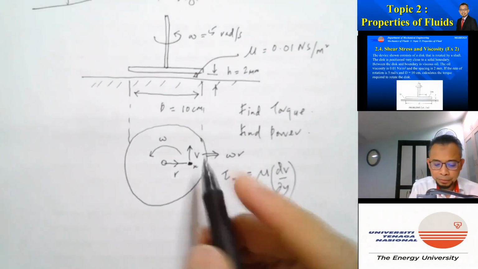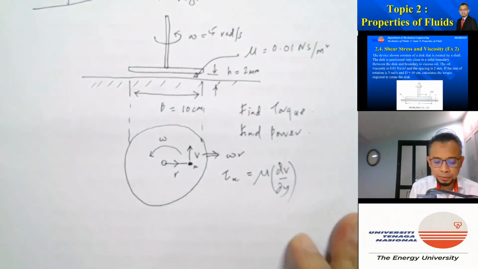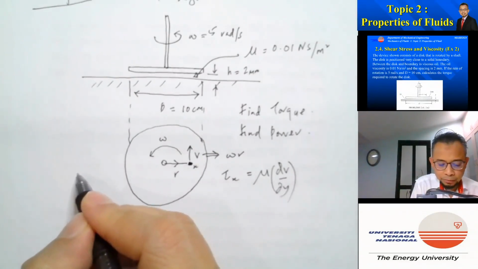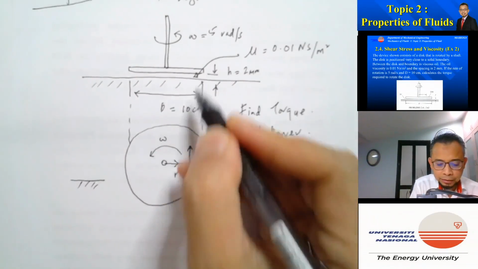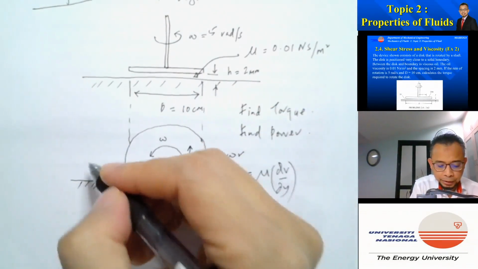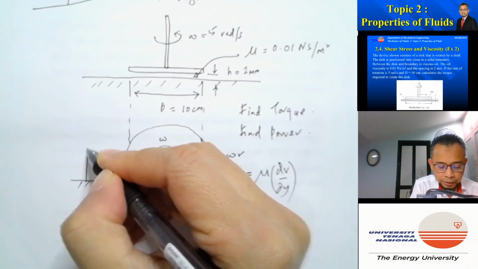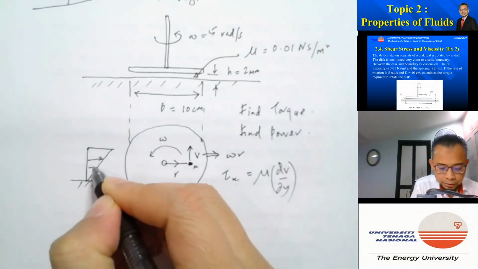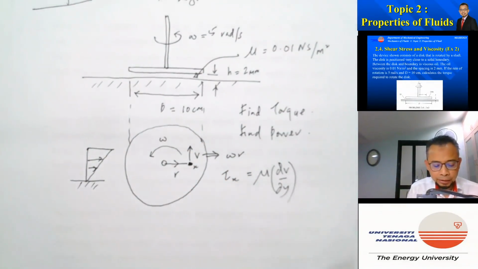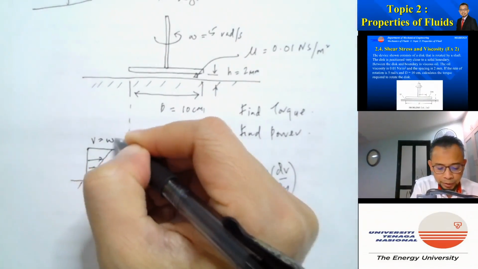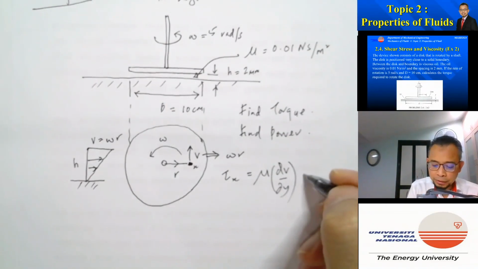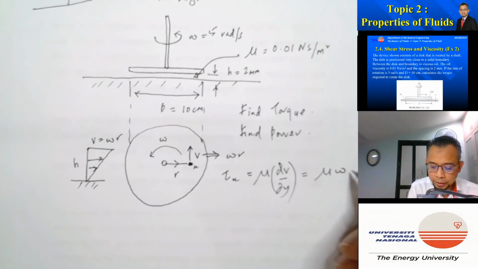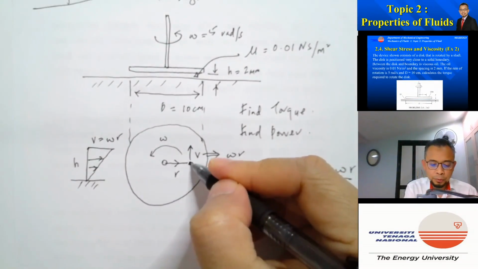Looking from this view, this is the surface here, and the velocity gradient will be constant, whereby the velocity here is equal to omega r and the thickness will be h. So this is equal to mu omega r divided by h. That is the shear stress at this point here.